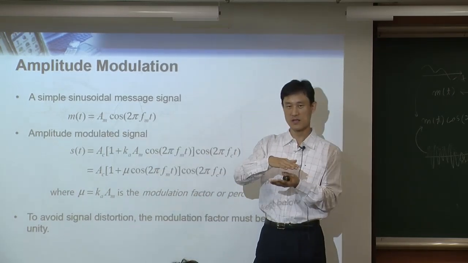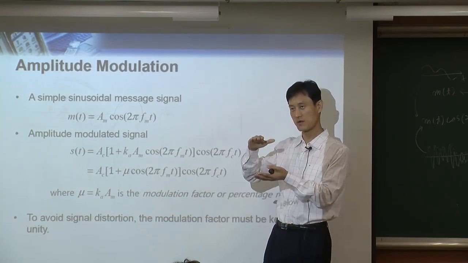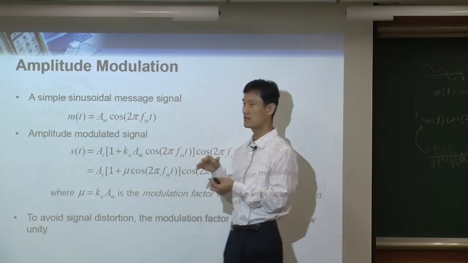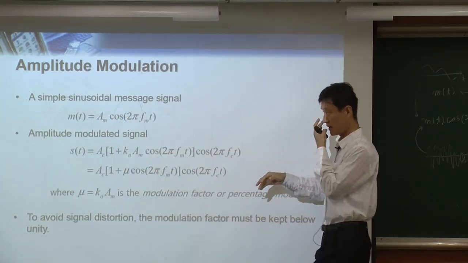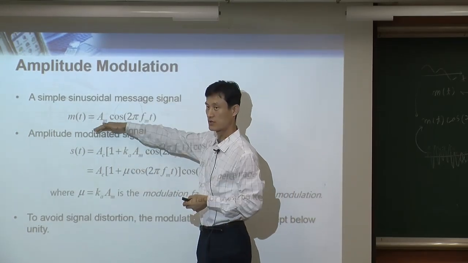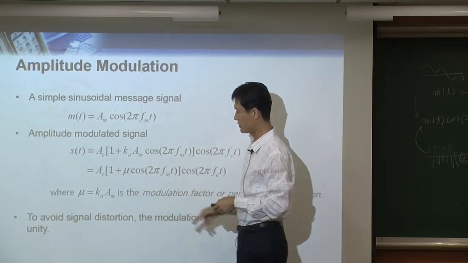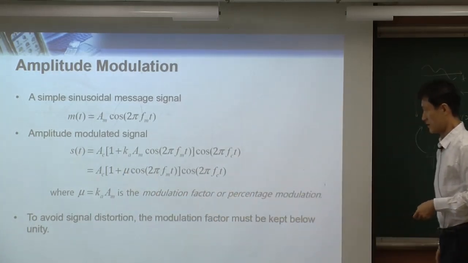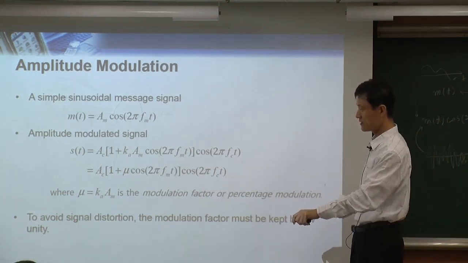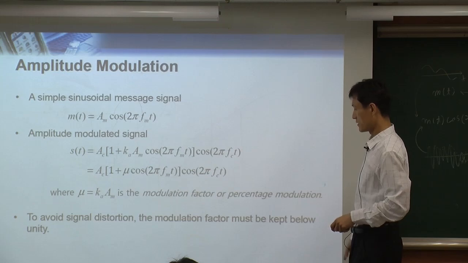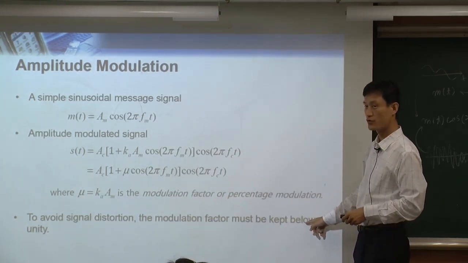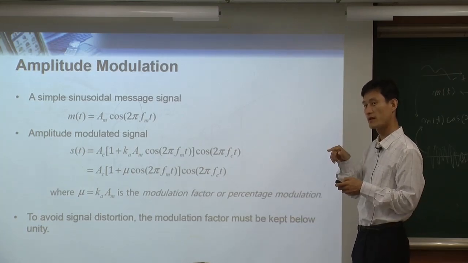Maybe your original message can be big or small. So Am is the amplitude of your original message, and Ka is the gain that is multiplied into your message. So mu is the modulation factor. And to avoid signal distortion, this mu must be below unity, less than 1.